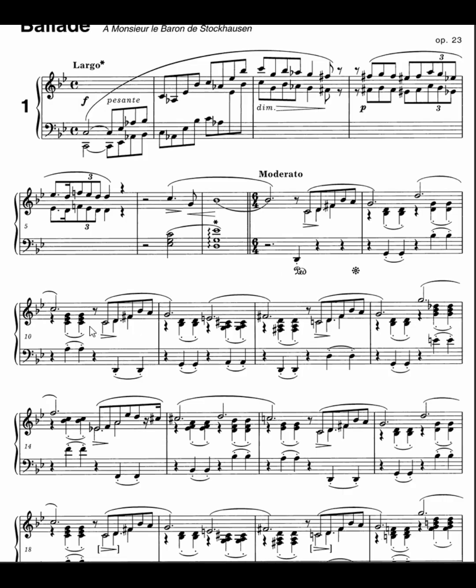Then we have the same cell, but not under the same circumstances, not at all. We see that the accompaniment is different, very much different. And it is basically about the flow which is being kept.